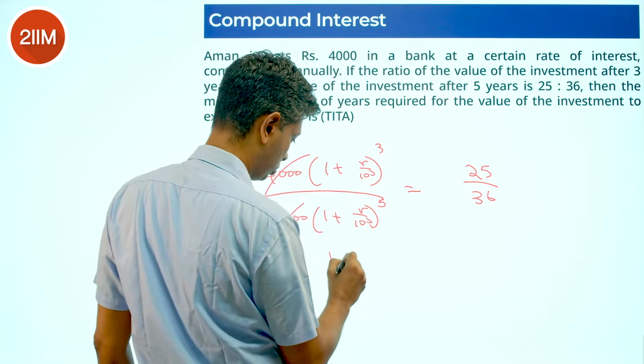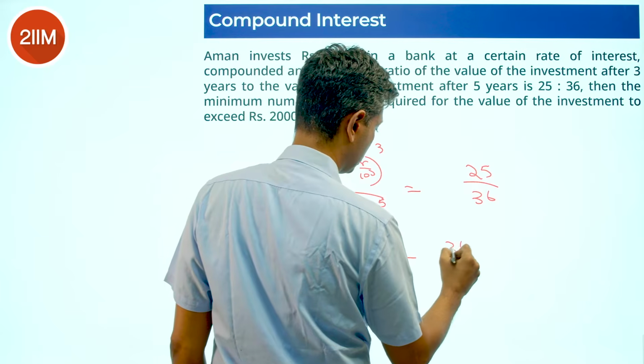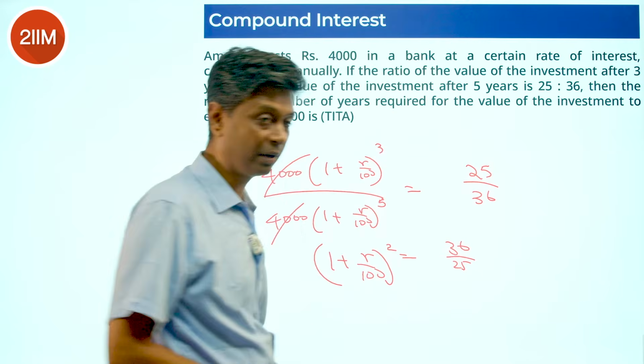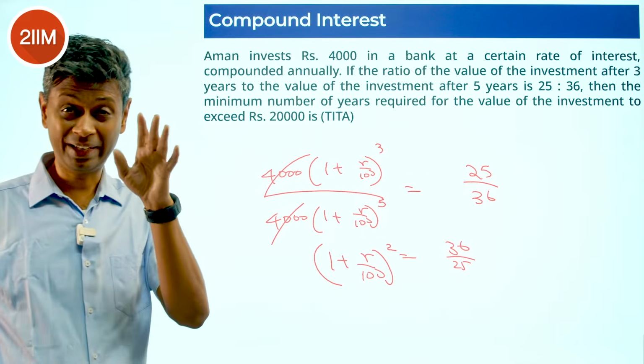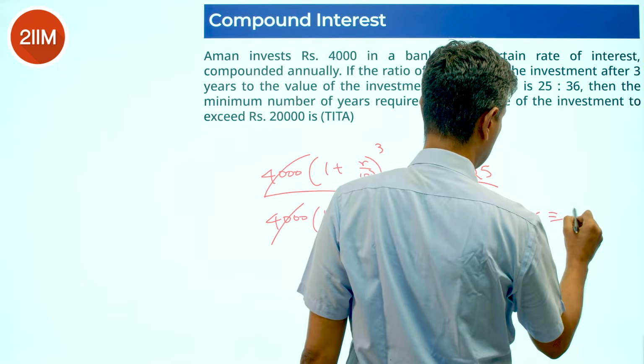So 1 plus r by 100 whole square is 36 by 25, or 1 plus r by 100 is 6 by 5. It cannot be negative, so r by 100 is 1 by 5, r is 20%.